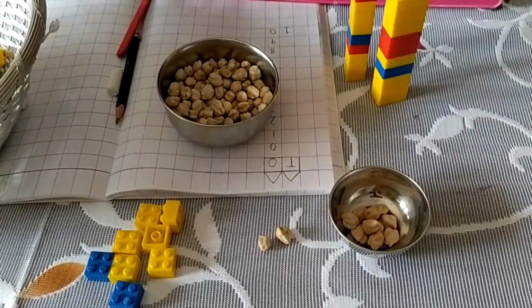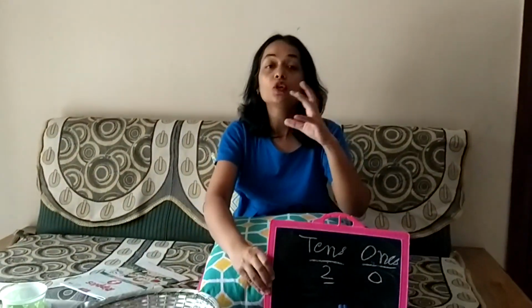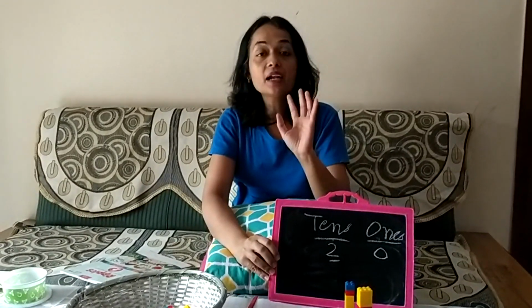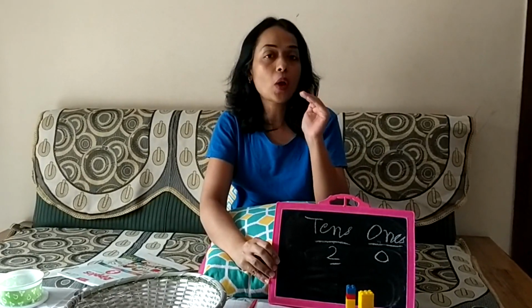So this way, with the help of blocks or ice cream sticks or pasta or chickpeas, you can make small bundles, bundles of 10 objects, and practice representing the numbers in this way. So you can practice the numbers from 1 to 20, take each number represented with the help of objects, make bundles of 10 objects, and practice the concept of tens and ones.